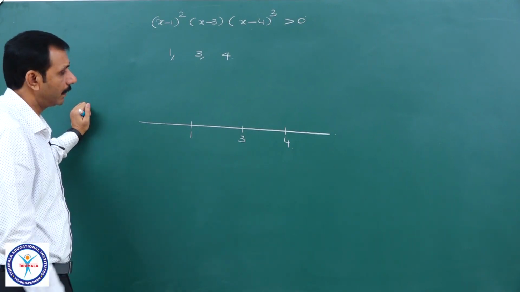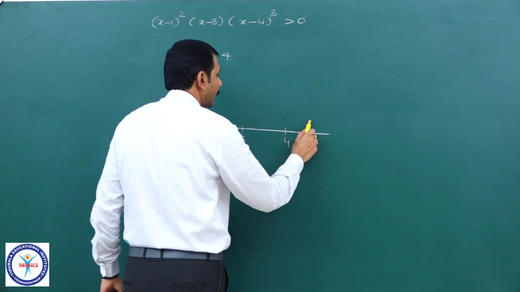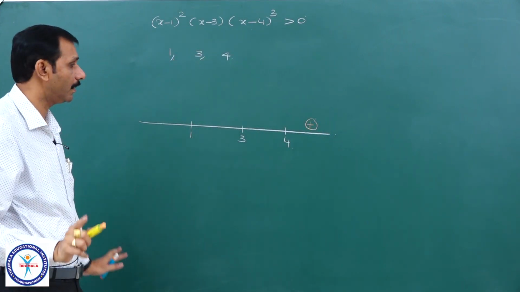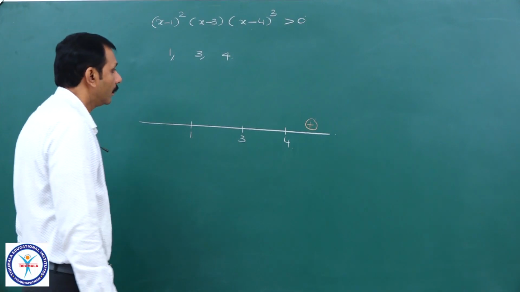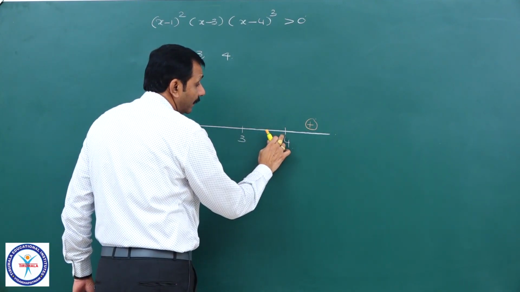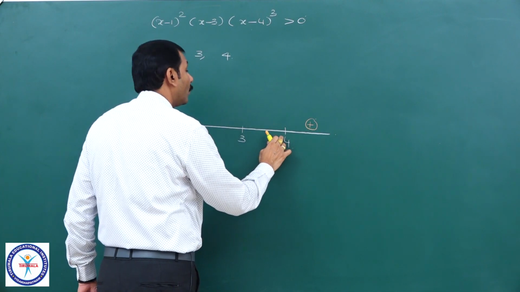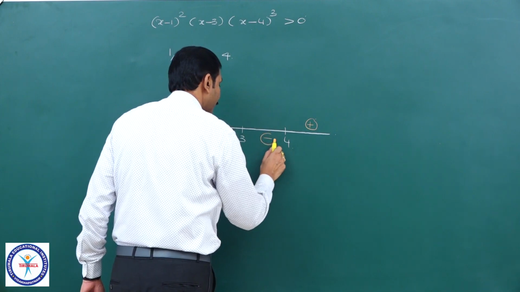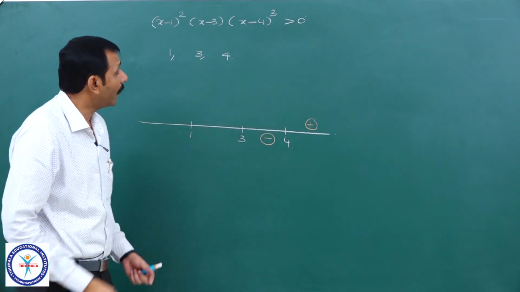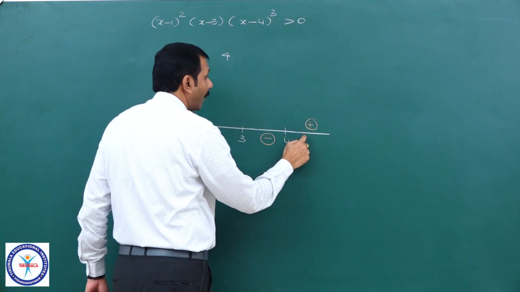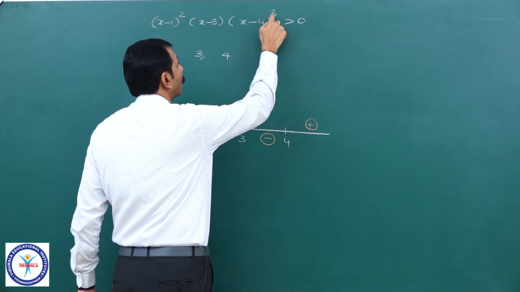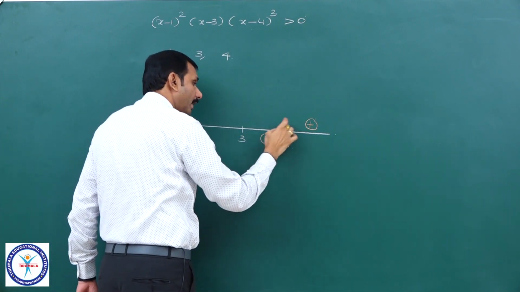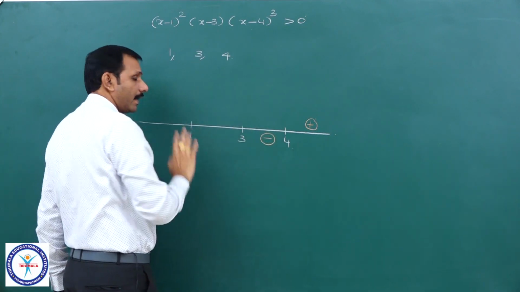Extreme right side, it is always positive only because it is of the form (x minus alpha)(x minus beta) and so on, no problem. Because the power of this linear factor x minus 4 is odd, at x equal to 4 the right side positive means the left side negative. Why? Because if I take 5, (5 minus 4) whole cube is positive, of course, because whatever x I am taking is greater than 3 and greater than 1.